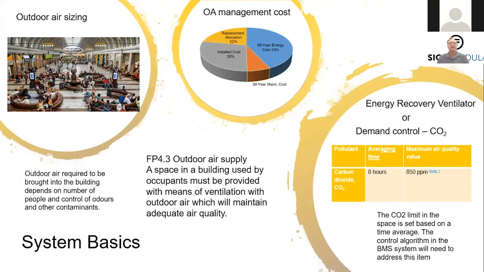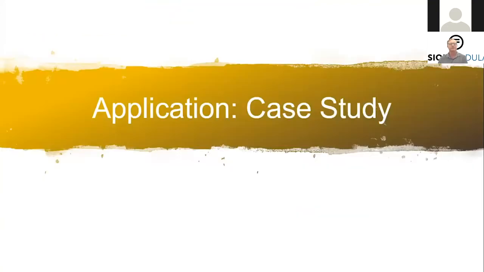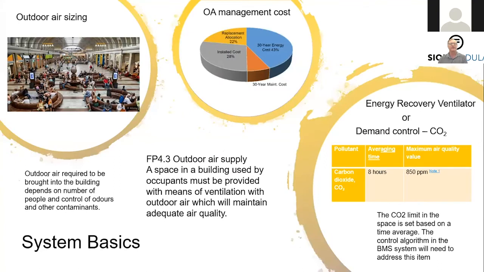If you've got an averaging 850 parts per million over an 8-hour period, obviously your set point within your BMS will be below that, because it will peak above that, and then the system will respond and bring it back down to that level. So you need to consider what that averaging works out at and what set point you use for your CO2. That's the system basics of the two approaches.